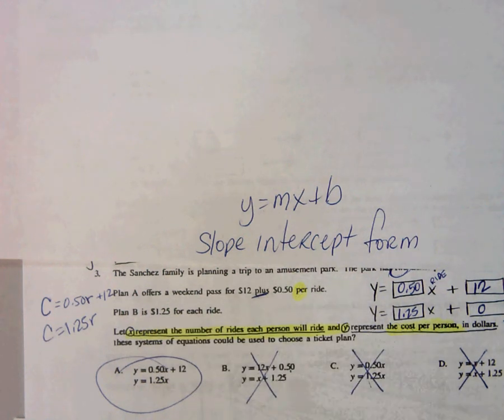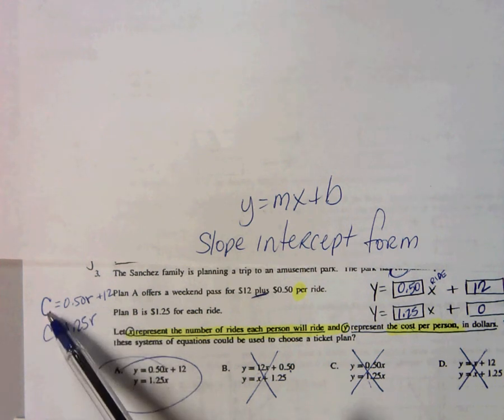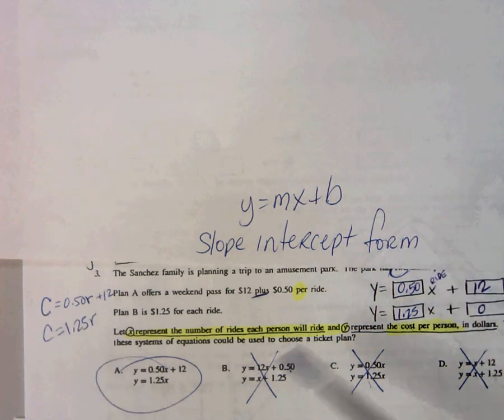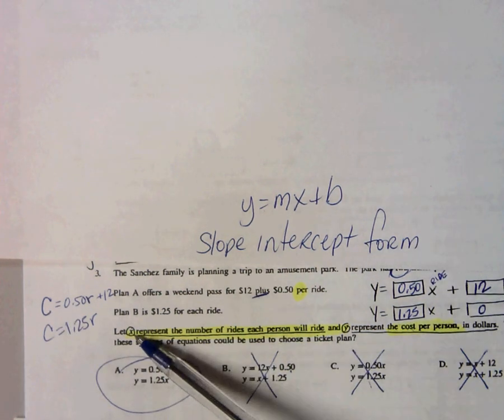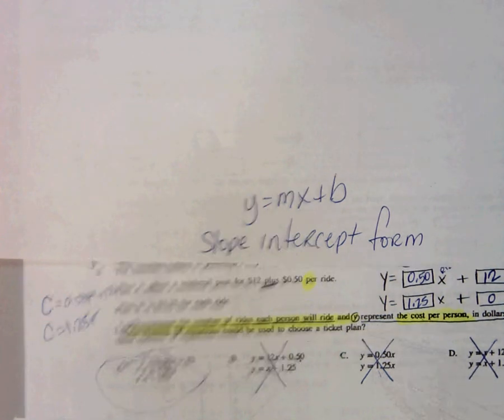This question didn't require us to make X R or Y C. It wanted us to use X and Y. So I wanted to make sure I review that before going on to number 5.